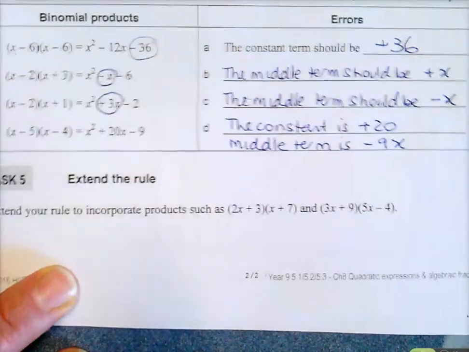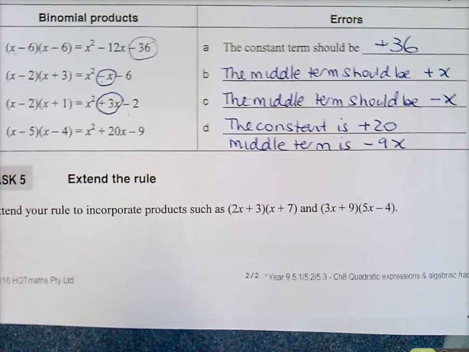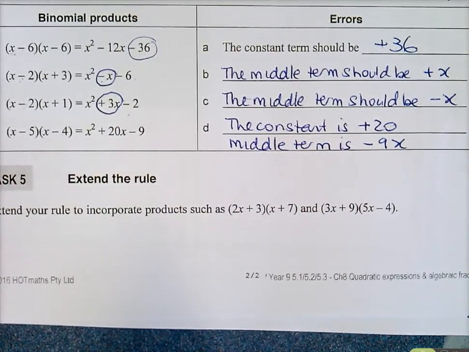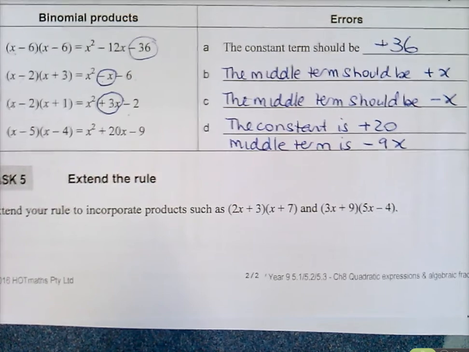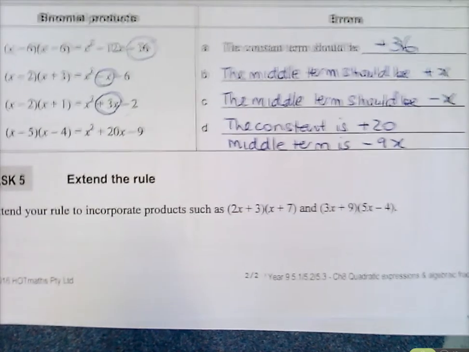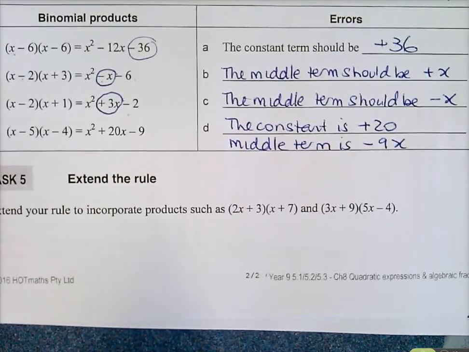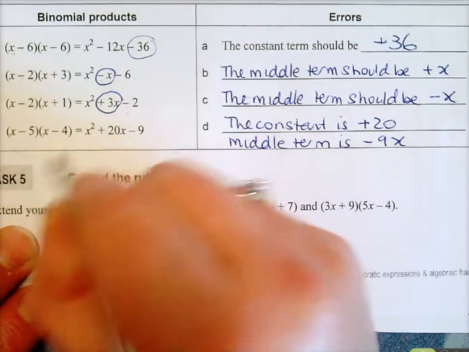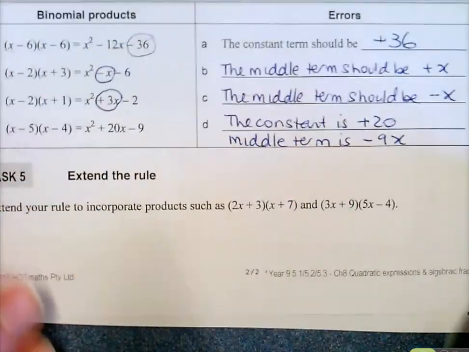What did they basically do? Tell me in one sentence, one word. They mixed them up. The 20 and the minus 9 are swapped. Those numbers are correct, but they've put them in the wrong place. So girls, you can just expand it yourself, okay?